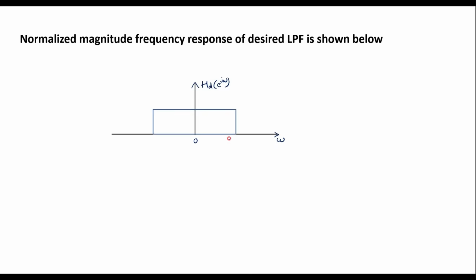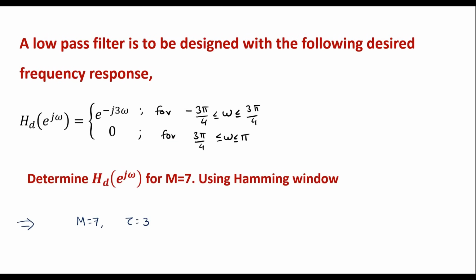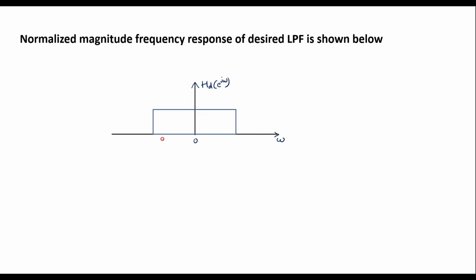It is defined only between -3π/4 and +3π/4. Let this be -3π/4 and this be +3π/4. Suppose this is π and this is -π, and its value is 0 if omega is greater than 3π/4 or less than -3π/4.